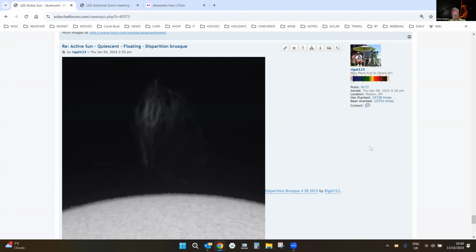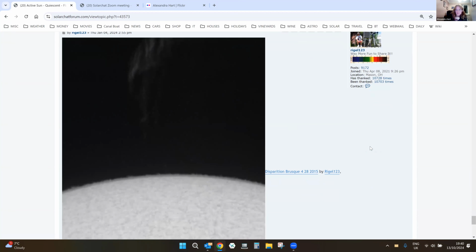If that makes sense. There's a nice one from Warren. That's one of my first ones, and that's brilliant because you can follow the development of that. But if someone was just taking an image of that now, say about now, then clearly that's a dispersion brush.